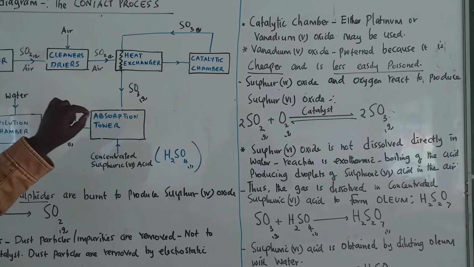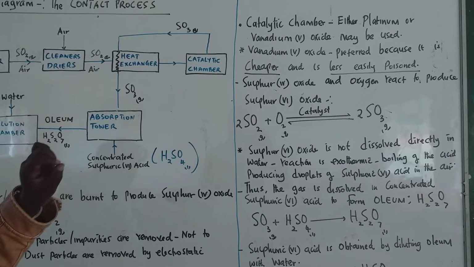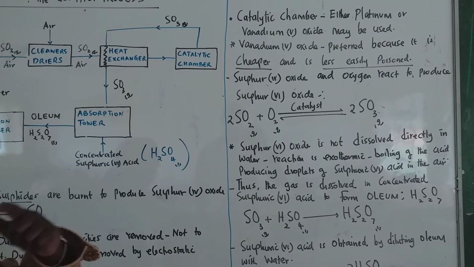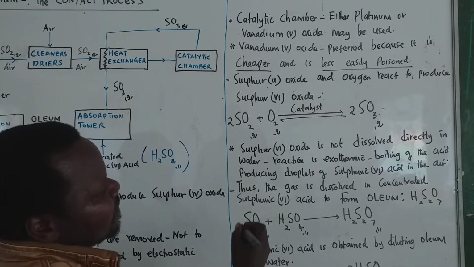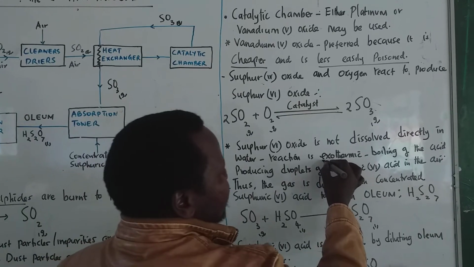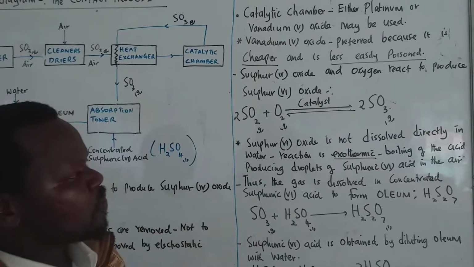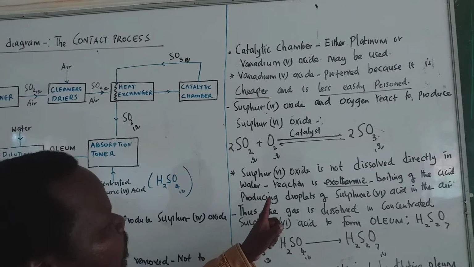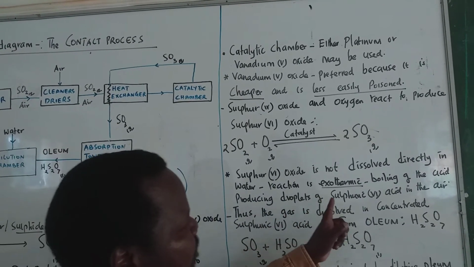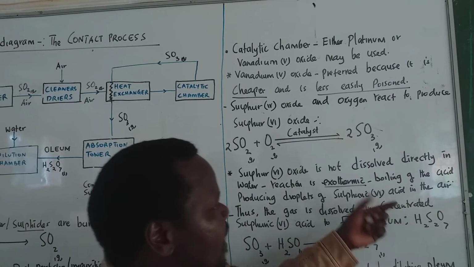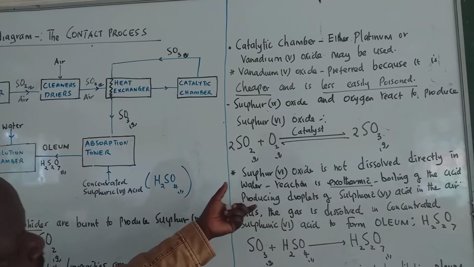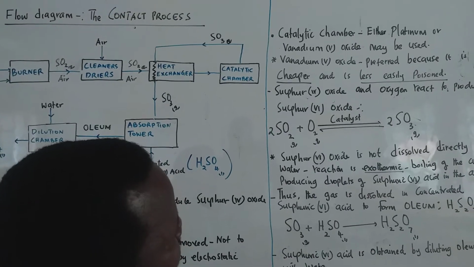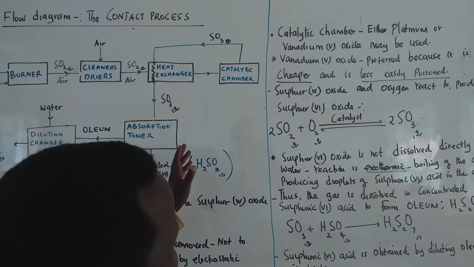That is not the case because the reaction between sulfur 6 oxide and water is very exothermic, which will lead to the boiling of the acid and the production of droplets of sulfuric acid in the air. This is dangerous, and that process is not applied here.